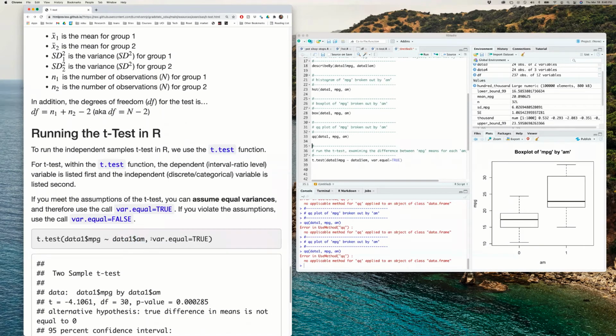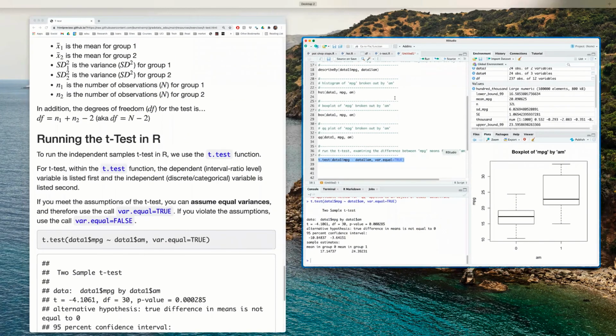Based on what we found earlier, that we had equal variances, homogeneity of variances, we can throw in this option that says equal variances is true. So we're going to do that and run this t-test.